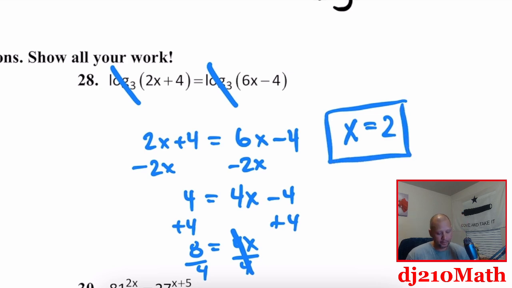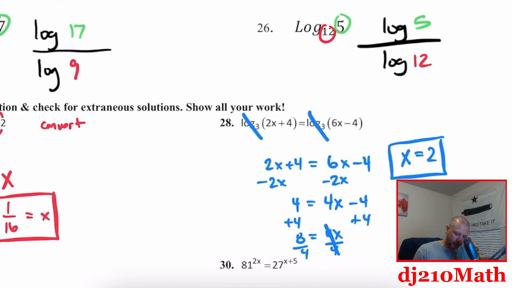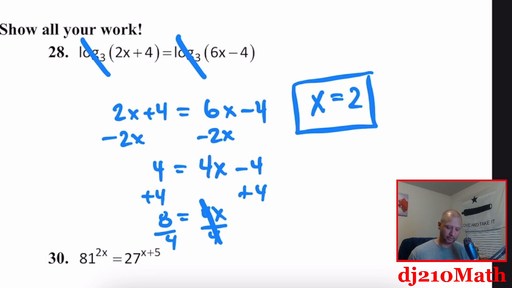Okay, so in the instructions, it says to check for extraneous solutions. If you've never heard this before, all this is saying is that once you have your answer, you have to check to see if your answer is truly the answer by plugging it back into the log. Remember, the arguments of logs have to be positive.